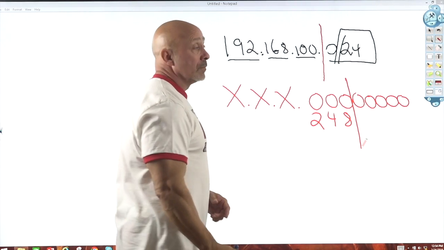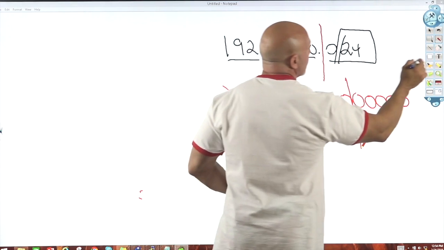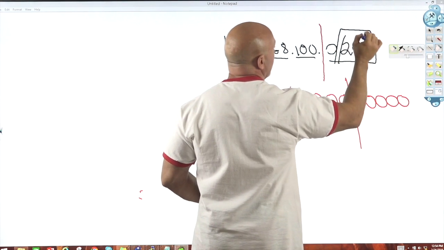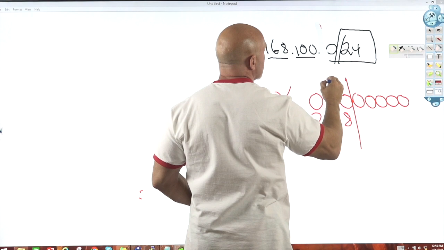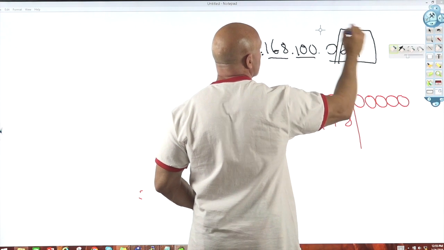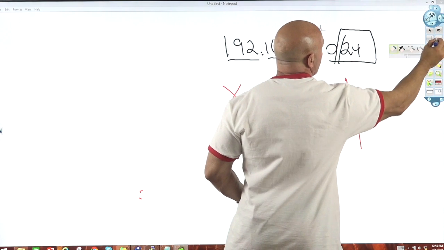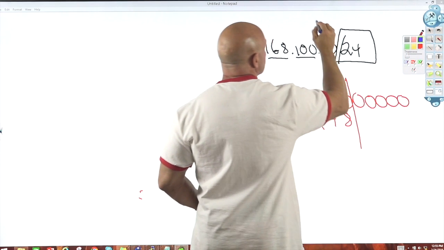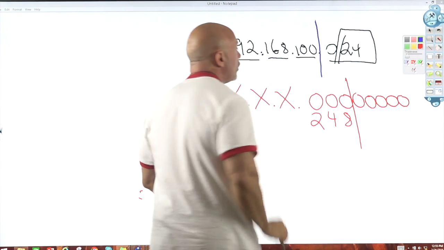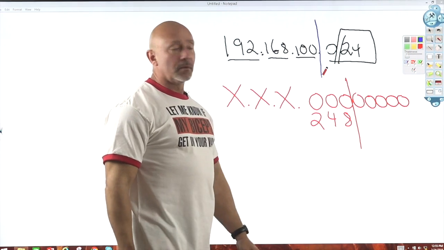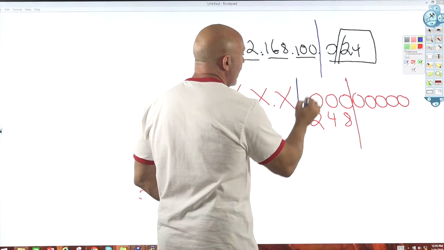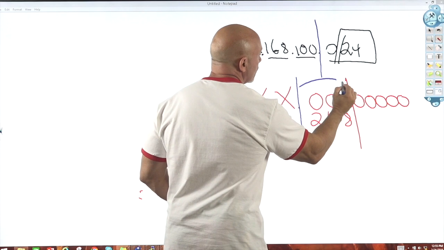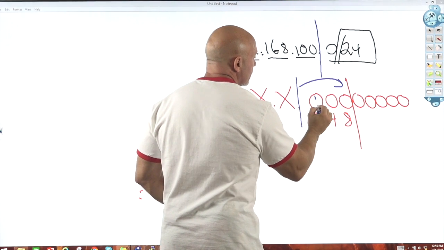There's my line. So the original line, let's put this line in blue. The original line was up here. I took that original line and I moved it over 3 bits.